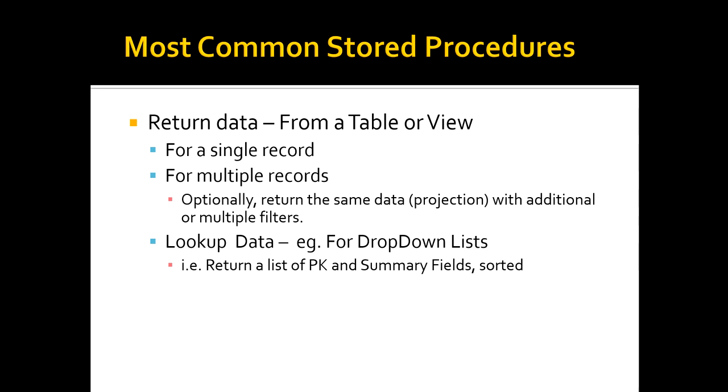And the last one is kind of unique, but comes up so often because of how we design user interfaces. It's what I often call a lookup stored procedure, or lookup data. Typically, this is presented in the user interface as drop-down lists. And for that, we just need two, count them, two fields returned. One is usually a unique identifier, most commonly the primary key, an integer in many cases. And the second one could be one field, but often it's a summary field, a combination put together into a single column, so to speak.